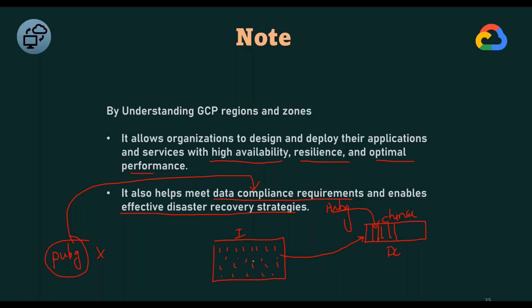The personal data was stored in the China data centers: their age, their information, email address, all the information related to the Indian users is stored in China's data center. And data is information, and information is money nowadays.